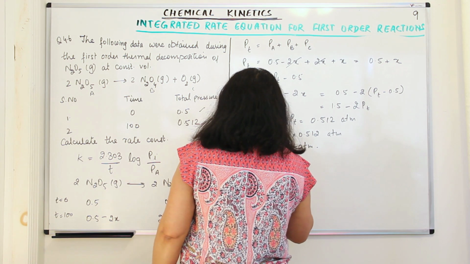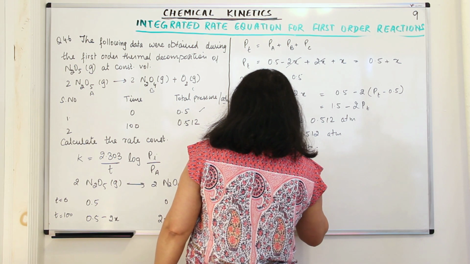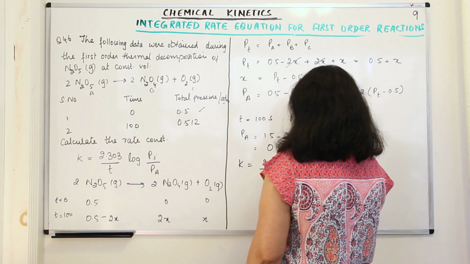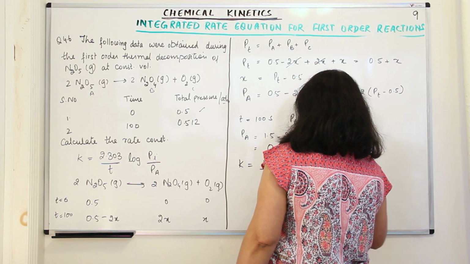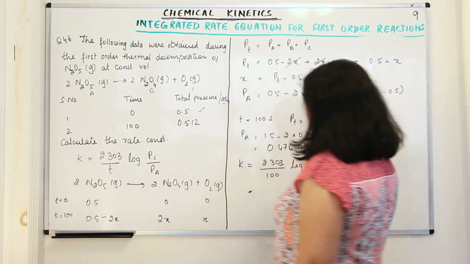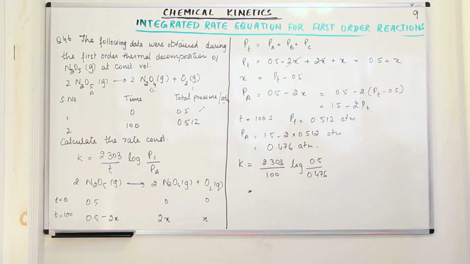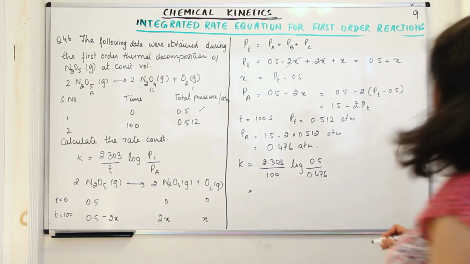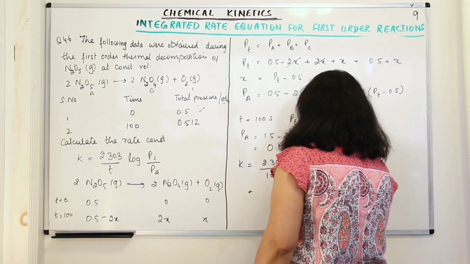K would be equal to 2.303 upon 100 log of Pi is 0.5 upon 0.476. And when you solve all of this, you will get 2.303 upon 100 into 0.0216, where 0.0216 is the log of all this.